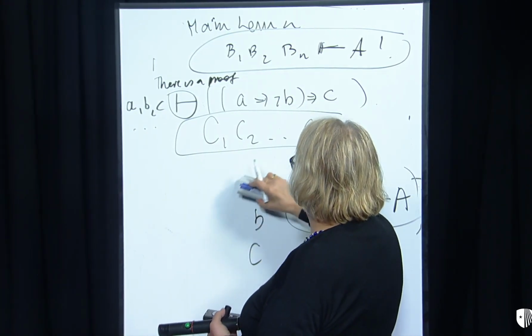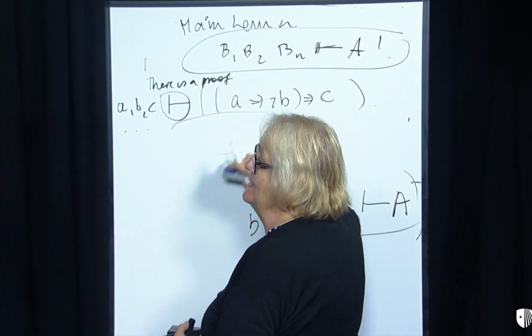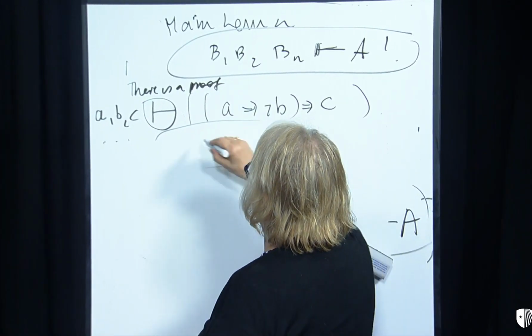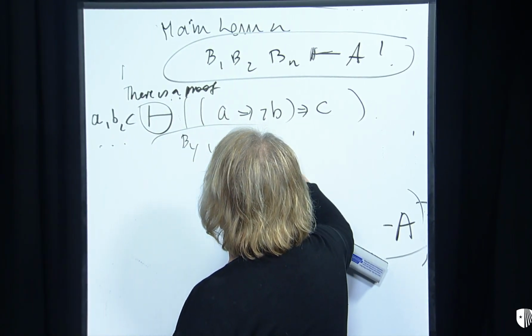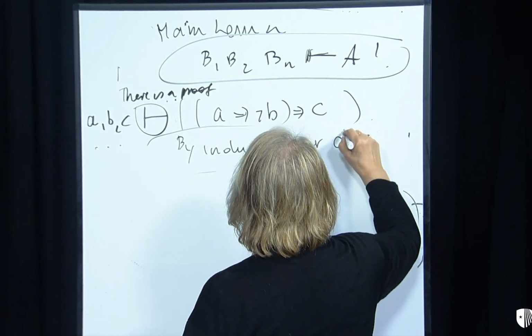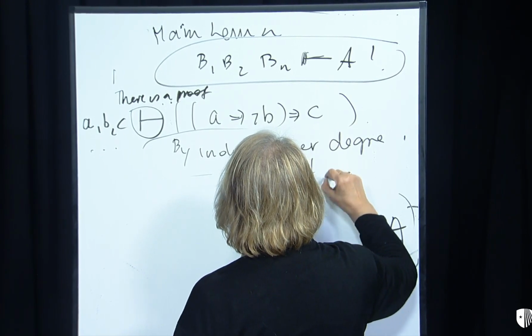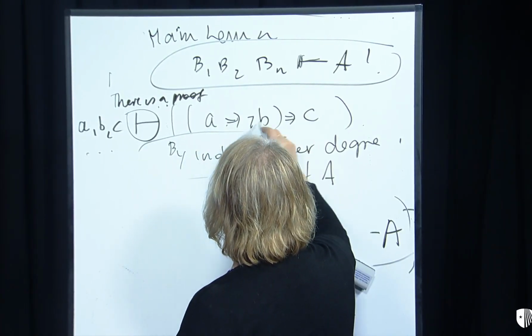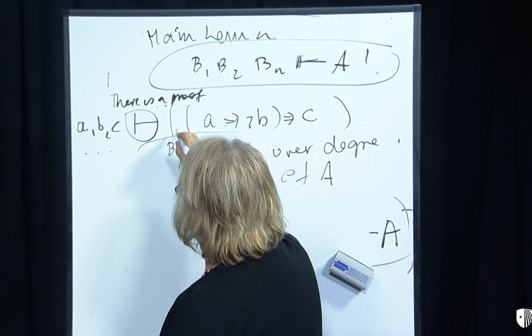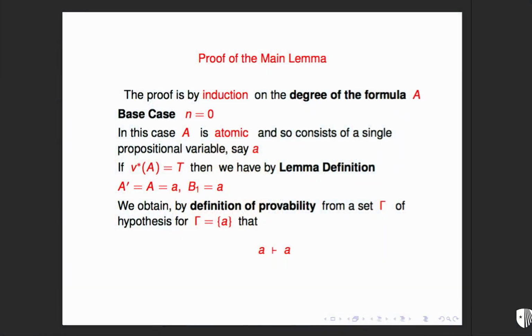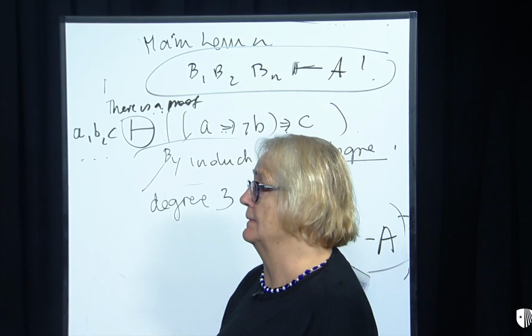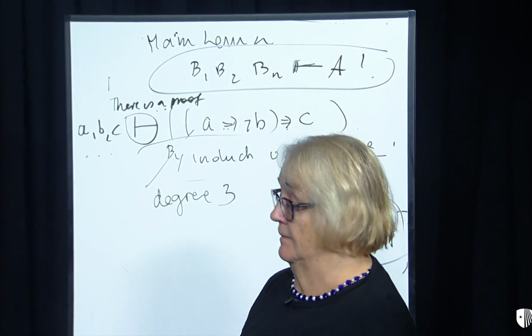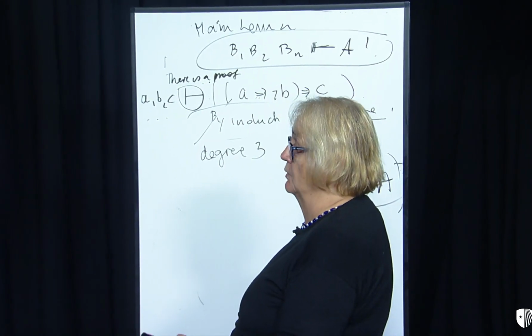And now we construct the proof by induction on the degree. So we do this proof by induction over the degree of A. This formula has degree 1, 2, 3, because degree is the number of connectives in the formula. So the base case is n equals 0.